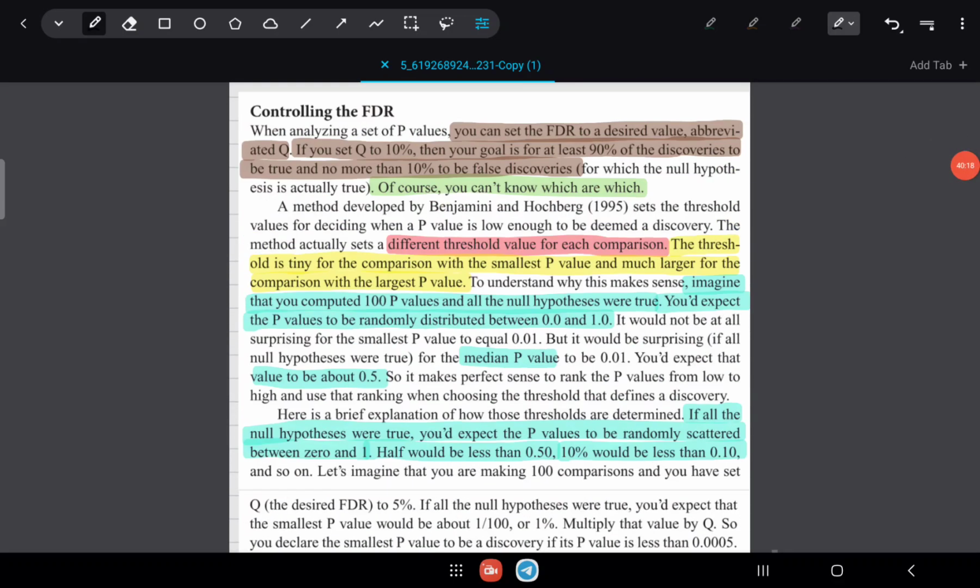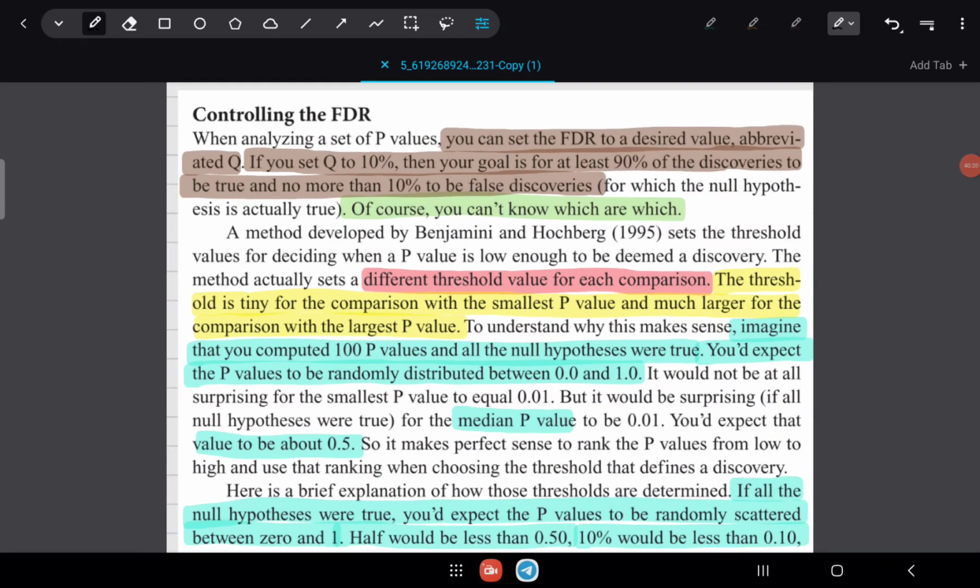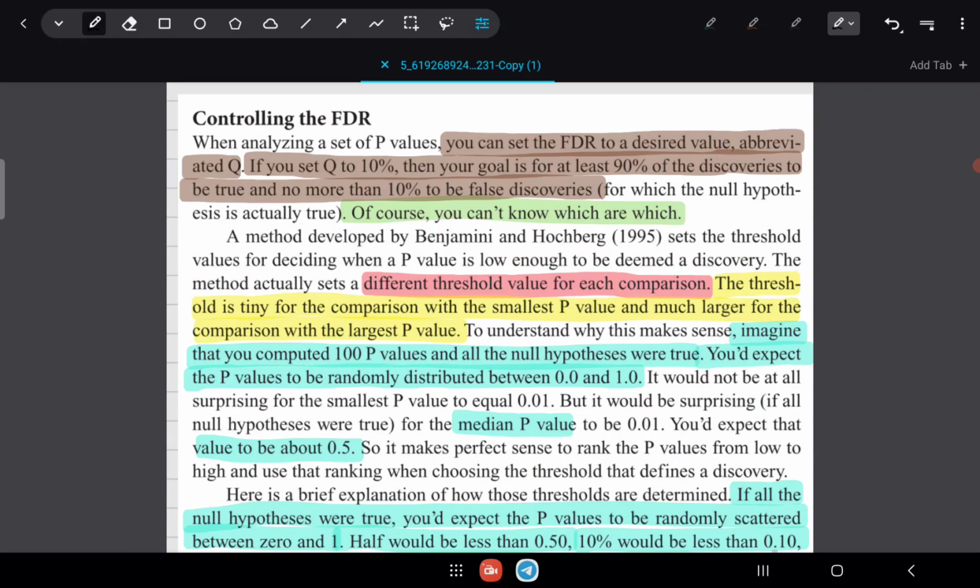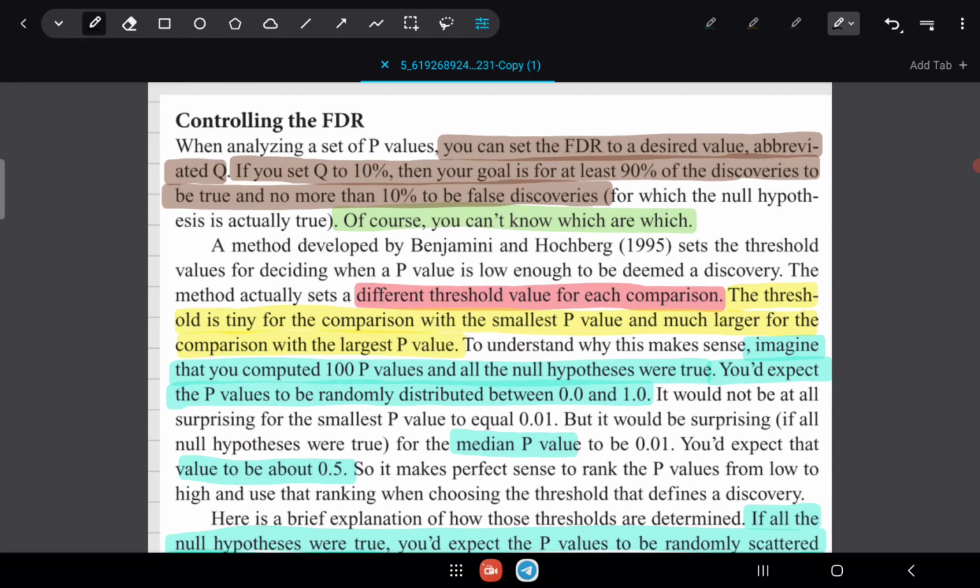So now let's talk about the idea of doing multiple comparisons whilst controlling the false discovery rate. We have already understood the concept of false discovery rate. While analyzing a set of p-values, you can set the false discovery rate to a desired value, and that is abbreviated as Q. So let's say you set Q at 10%.